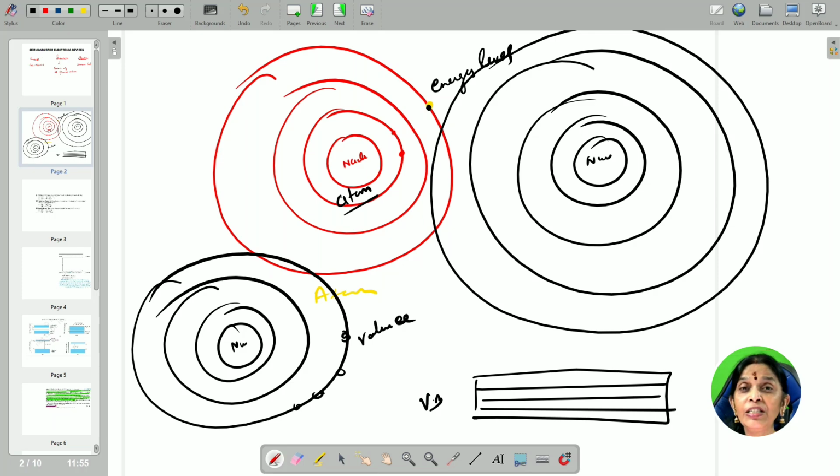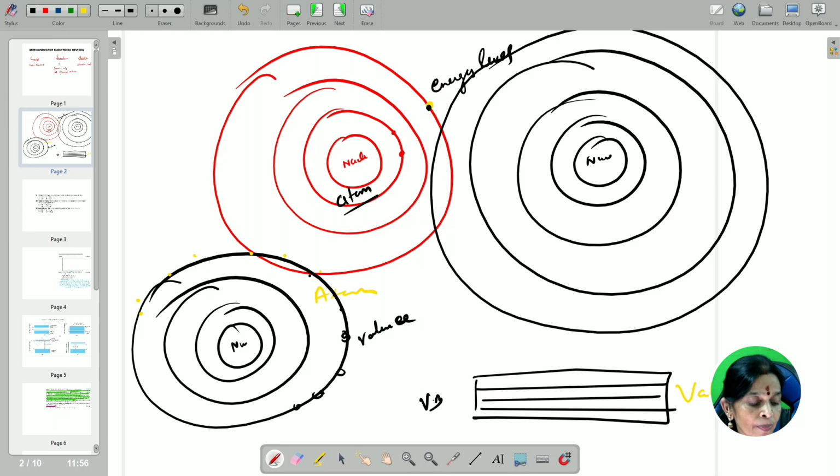For example, this shell has unoccupied states, empty. This shell can hold 18 electrons, but I have filled only 4 electrons, so the remaining is unoccupied. All this also carries energy. The group of energy levels of the valence electrons you call the valence band.